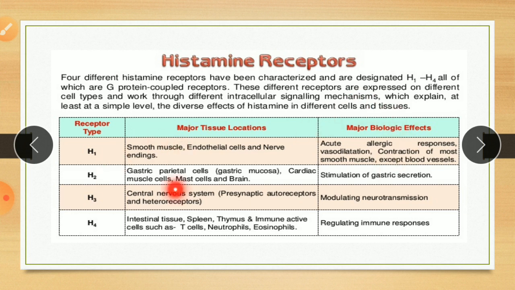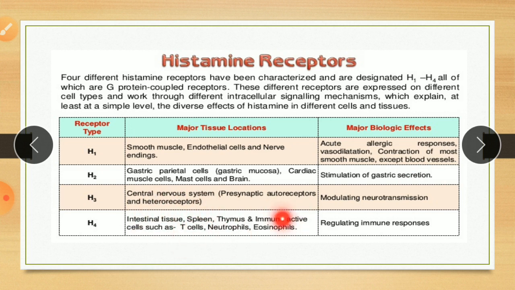Similarly, in case of the H2 receptor, the location is gastric parietal cell, cardiac muscle cell, mast cell, brain, and the function is stimulation of gastric secretion. Similarly, H3 receptor, central nervous system, effect is modulating neurotransmission. Then H4 receptor, intestinal tissue, spleen.